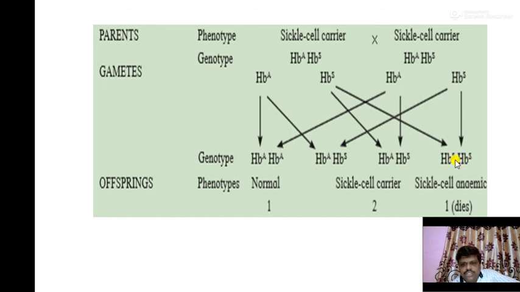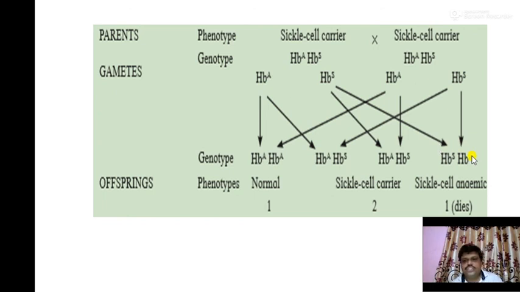In the homozygous condition, this gene becomes lethal, and this causes death in that particular child. So this is the behavior of the gene. A single gene behaves in two ways; a single gene controls two traits.